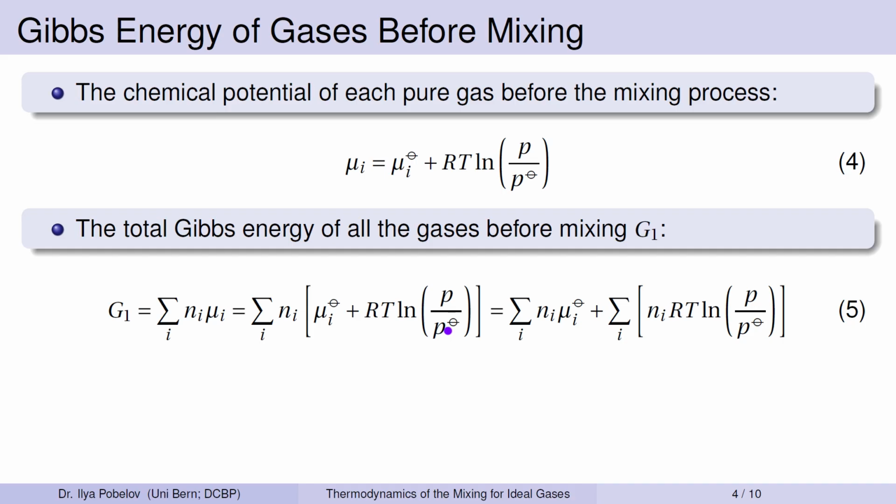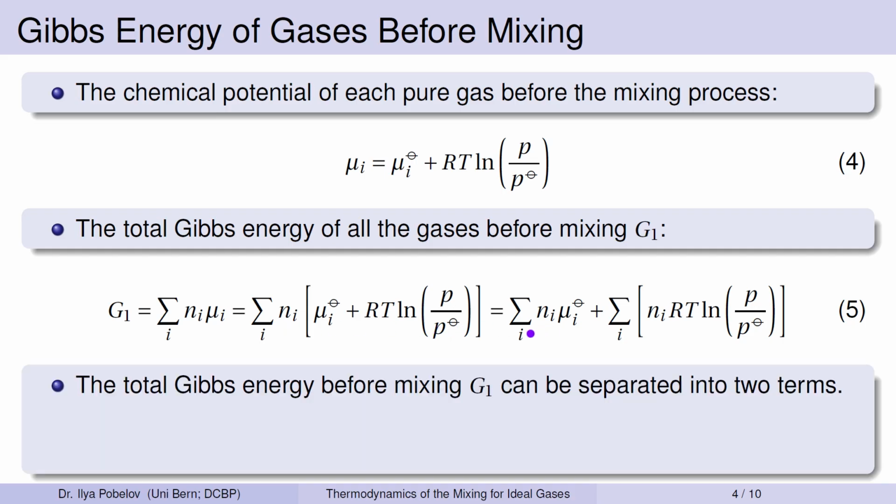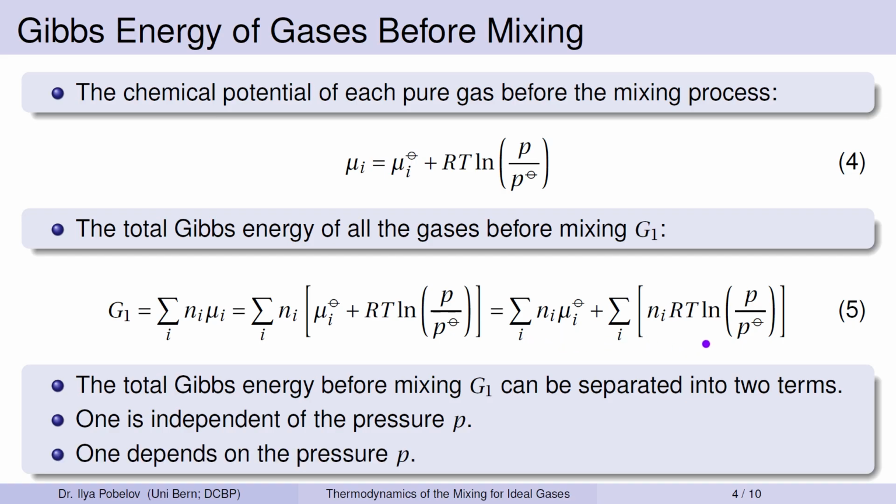It can be expressed as shown here. We see that the total Gibbs energy before mixing can be separated into two terms, one independent of the pressure and one that depends on the pressure P.